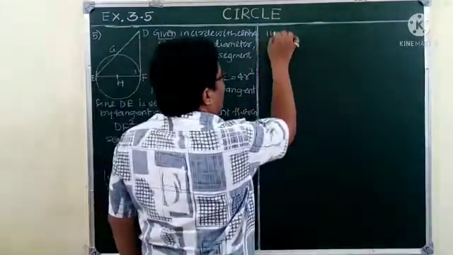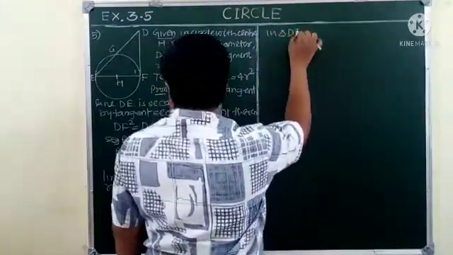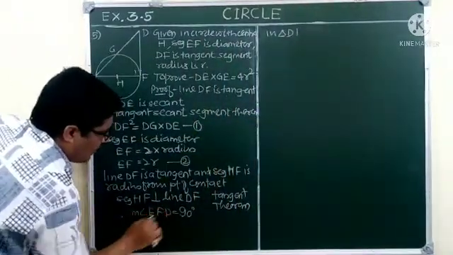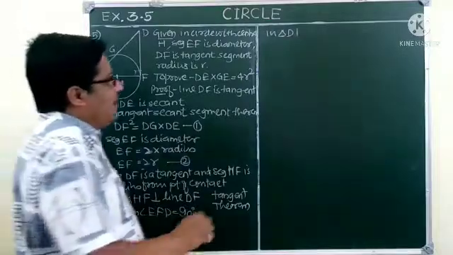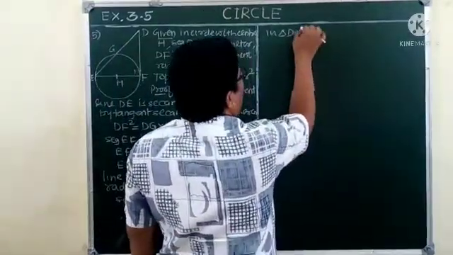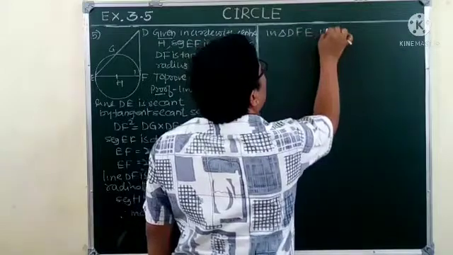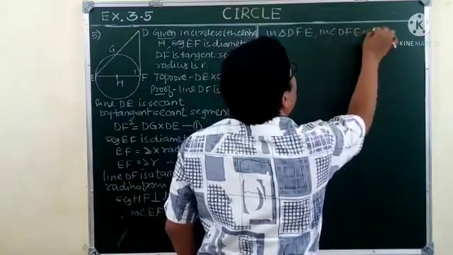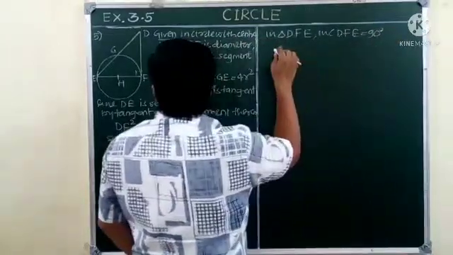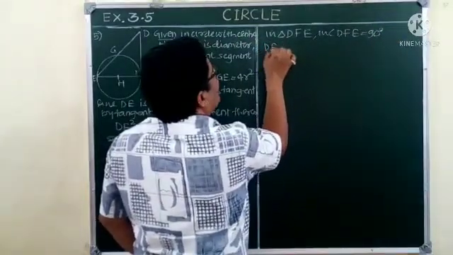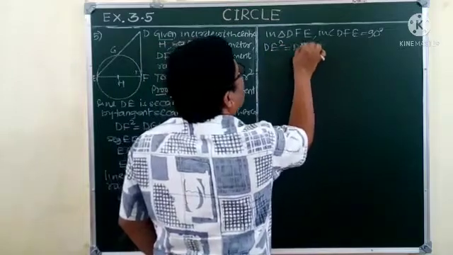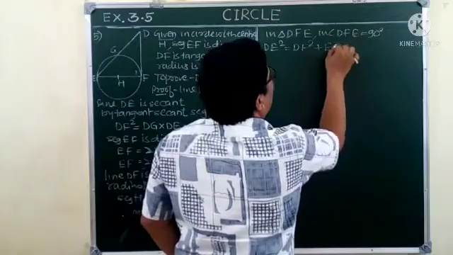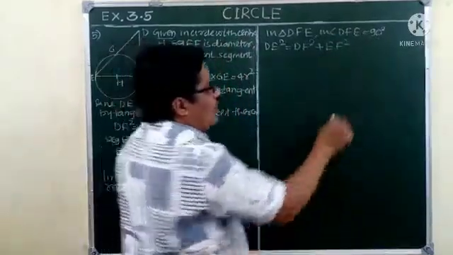So in triangle DFE, measure of angle DFE is equal to 90 degree. Therefore, by Pythagoras theorem, we can write DE square is equal to DF square plus EF square. हे झालं Pythagoras theorem नुसार.